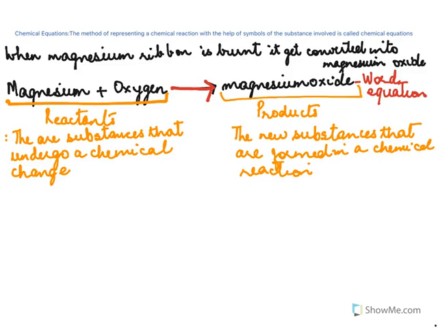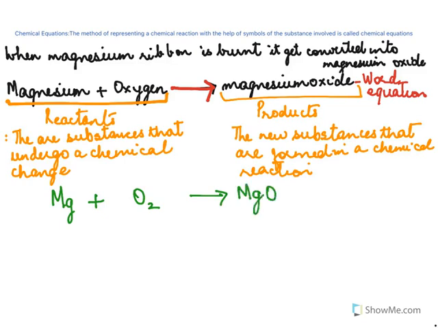Now however, to make this chemical equation more concise and useful, we use chemical formulas instead of words. So here, instead of magnesium we write Mg, plus oxygen O2, to give you MgO.